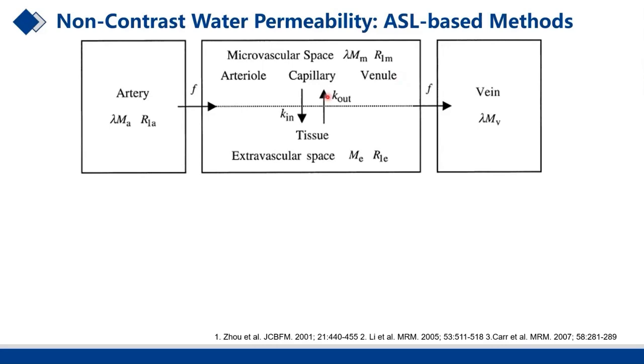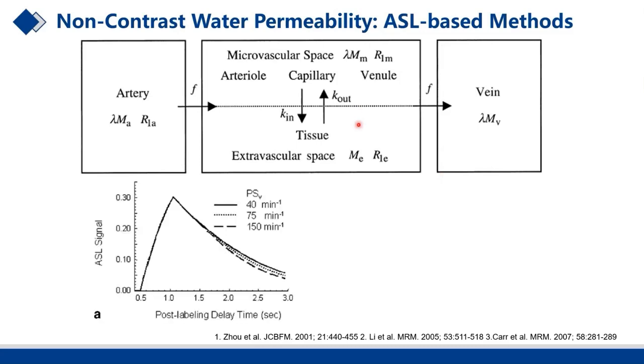So the basic idea of all the ASL-based methods is that you want to separate the labeled spins in the blood compartment and the tissue compartment so that you can fit for this transfer rate. So the first thought would be that we just do a multi-delay ASL and fit for this very complex two-compartment model to get this PS value.